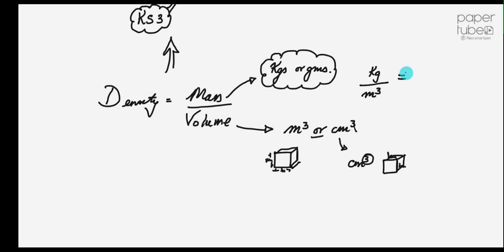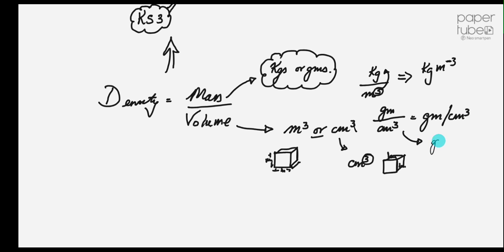Another way of writing that, kilograms per metre cubed, bringing the index up above the line changes the sign. You could also have grams per centimetre cubed, same rules apply. That's the same thing, they're all the same thing. So there's the two units.